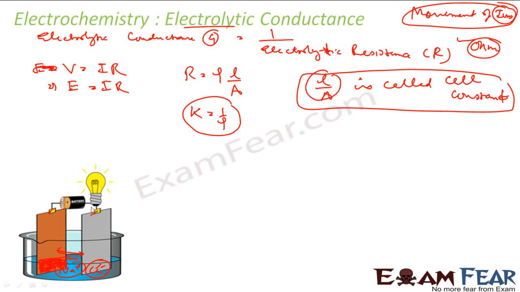So the conductivity depends on the nature of electrolytes. If you add NaCl, the bulb glows more. If you add a weak electrolyte, for example acetic acid, the bulb glows less. So I can say that the conductivity here also depends, one, on the nature of electrolytes that we have seen.